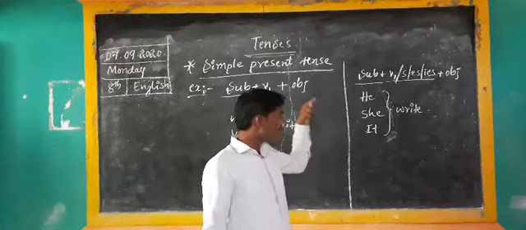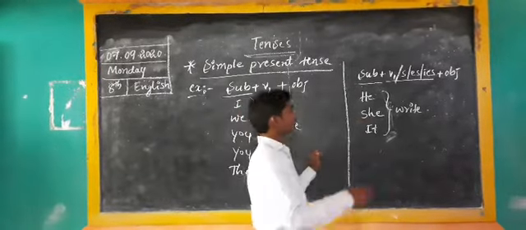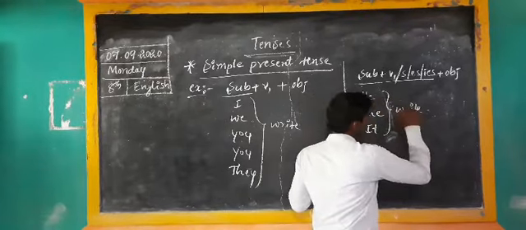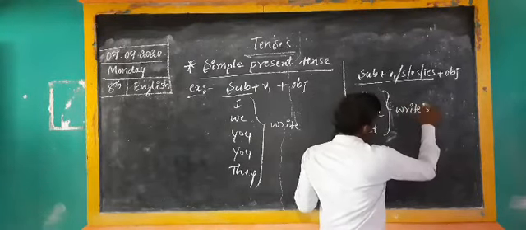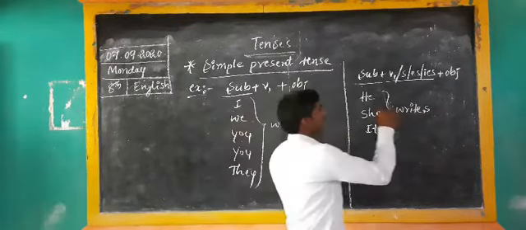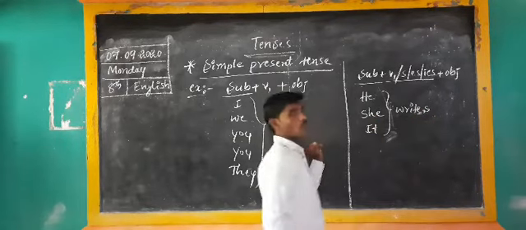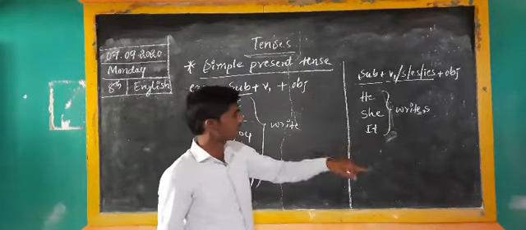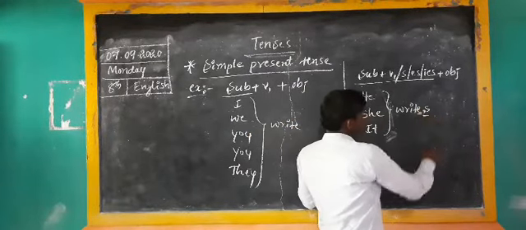When we find a third person singular in a sentence, the main verb has s added. If the main verb ends with the letter e, at that time we take only s.